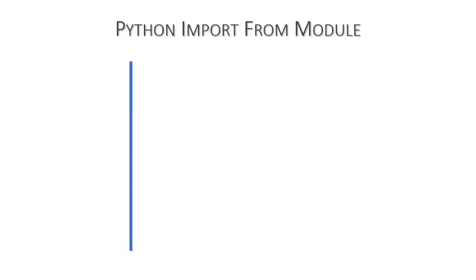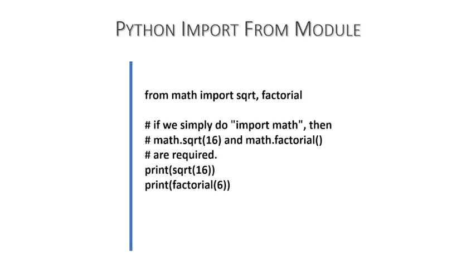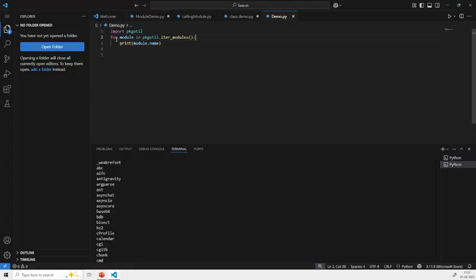Next, Python import from module. So how can we use functions from the built-in modules in our programs? I will take the example of the math module. For importing the module, the statement is import math, that is, import and the module name.